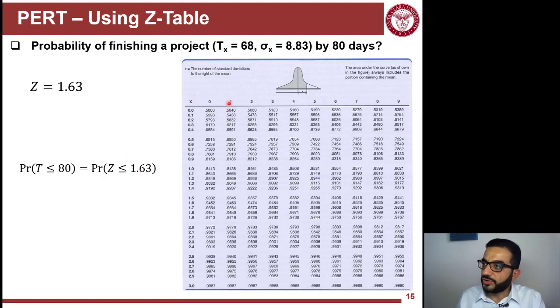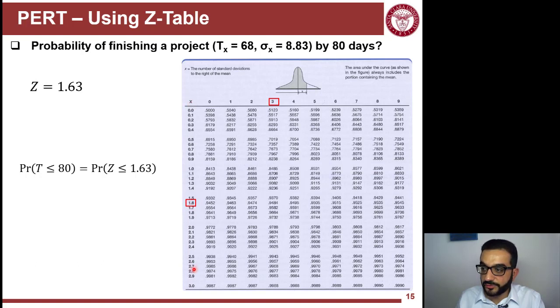So the z value is broken down into this column here and this row. So 1.63 is read this way, 1.6 and then 3. Confusing, right? But if I look at this number here, that corresponds to 0.53z. So this is the way to read it.